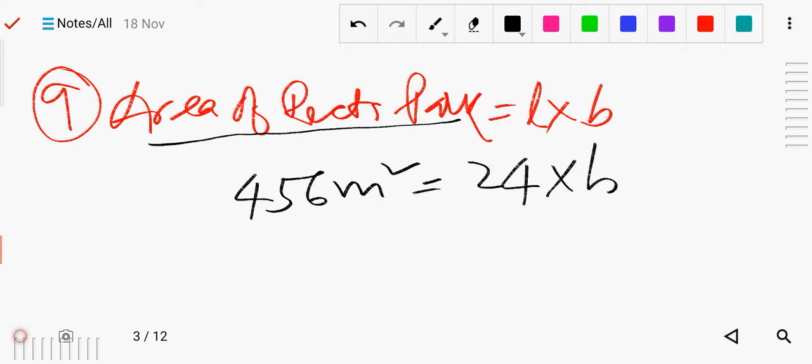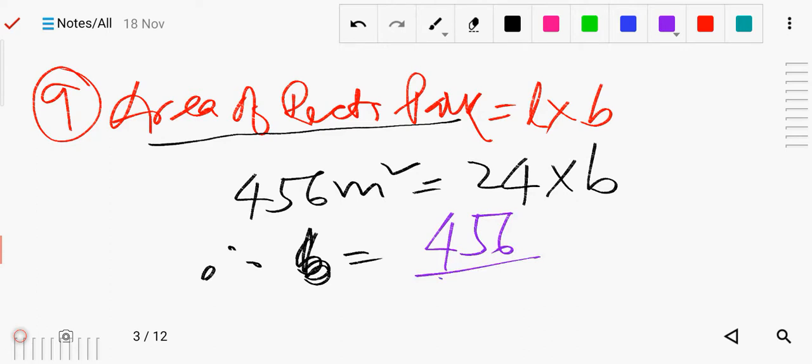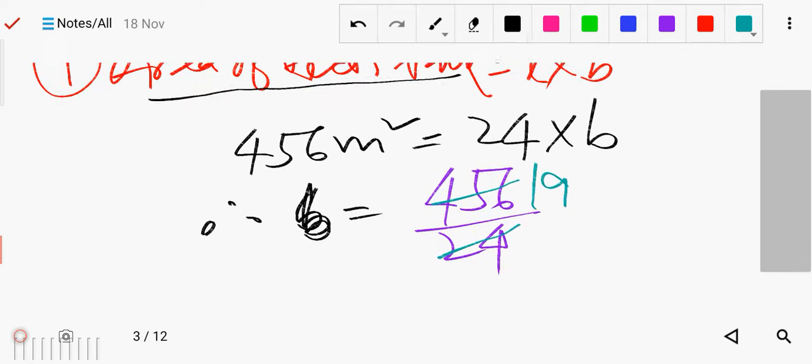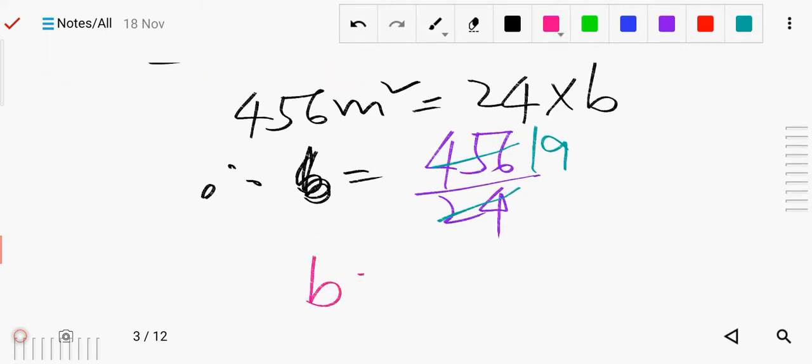B is not given, so write B. Now we can find B. This 24 will come to this side, so we write 456 divided by 24. When you divide, it divides exactly 19 times. So B equals 19.